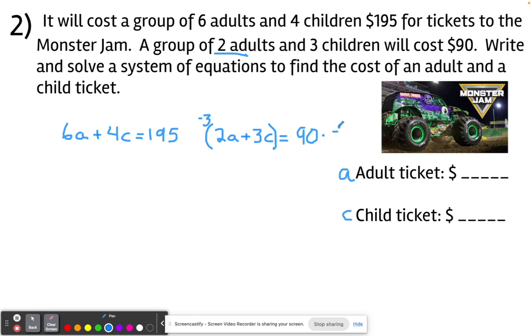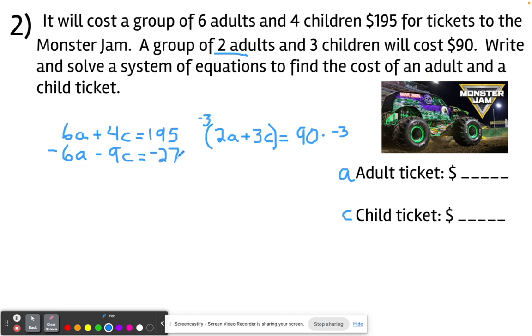We'll multiply this by -3. So -3 times 2a is -6a. -3 times 3c is -9c. And -3 times 90 is -270.